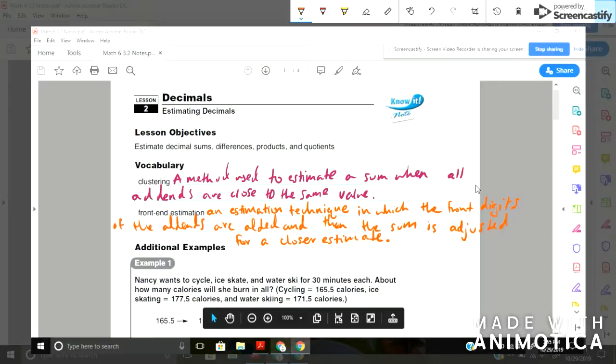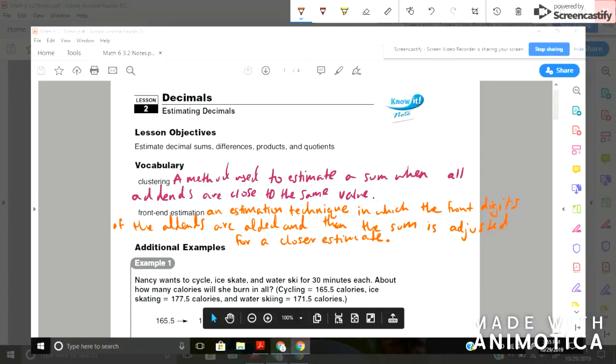Okay, and I'll explain that type of estimation when we get a little bit closer to it, and I'll show you what it looks like in an example as well. Basically there's just a few different ways to estimate, and we'll go through those today with our examples.